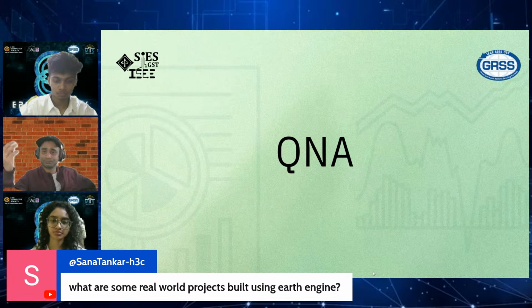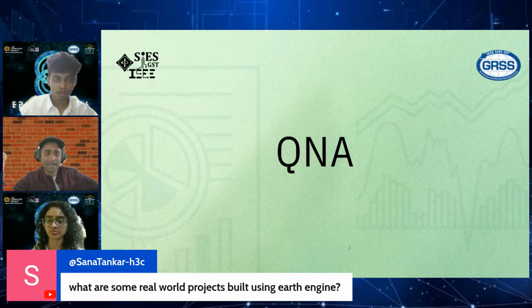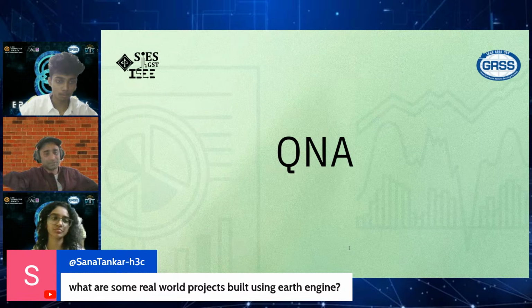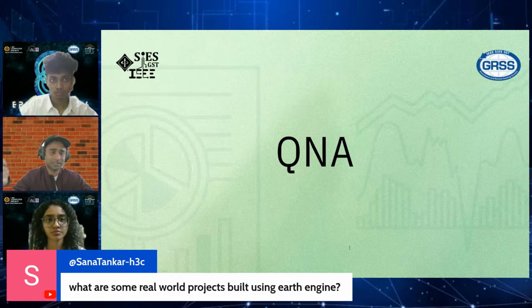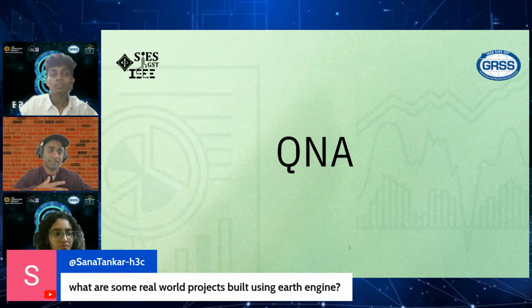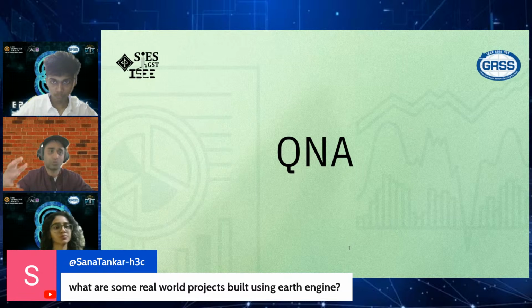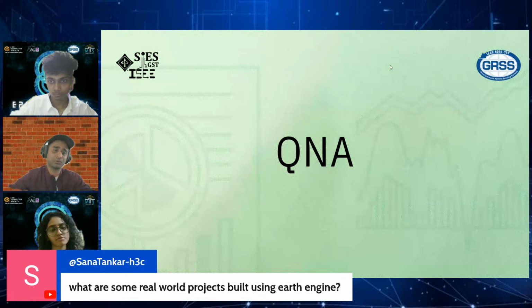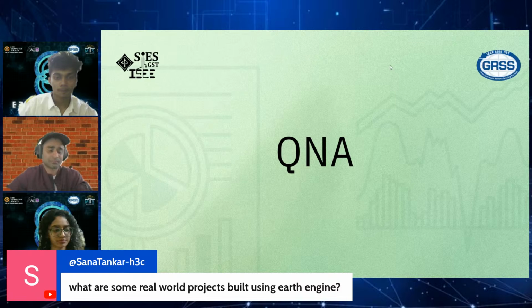Or let's say a fire occurred in a certain place. Every summer we have fire events, even in the US, everywhere in the world. You want to calculate how much property has been destroyed, how much forest has been destroyed, where the fire occurred. You want to show before fire and after fire, which is change detection, what changes we have seen on that part.